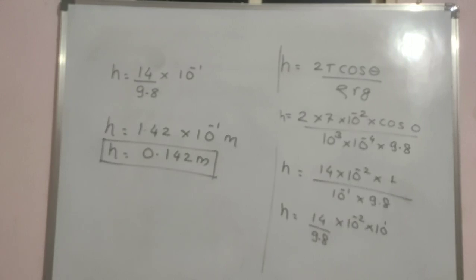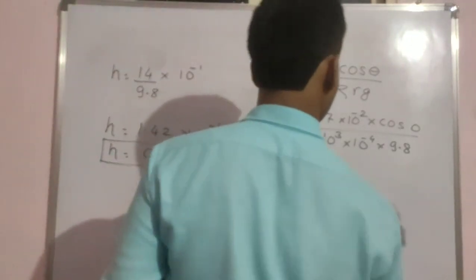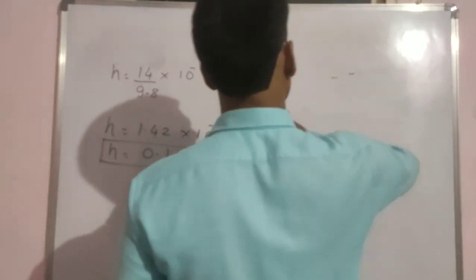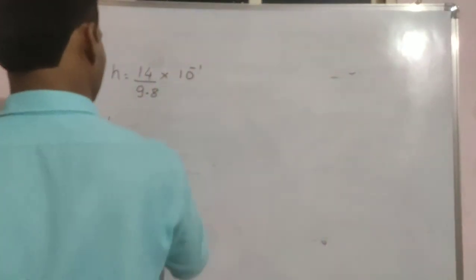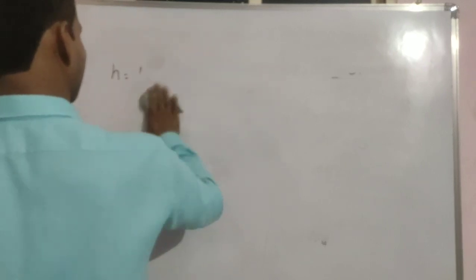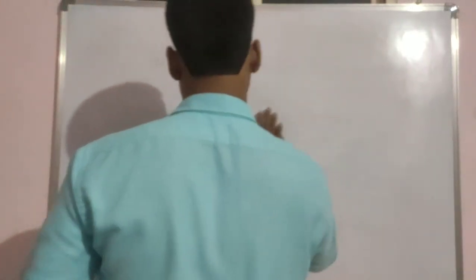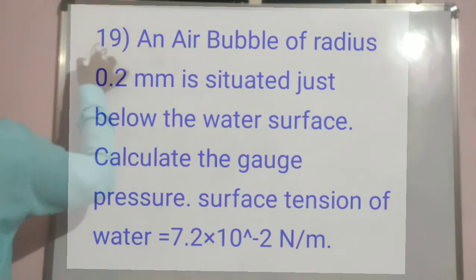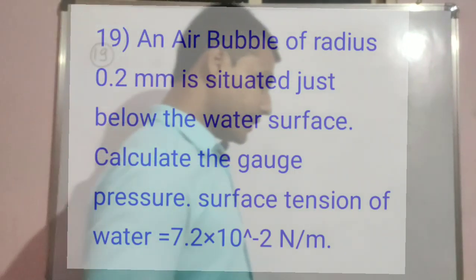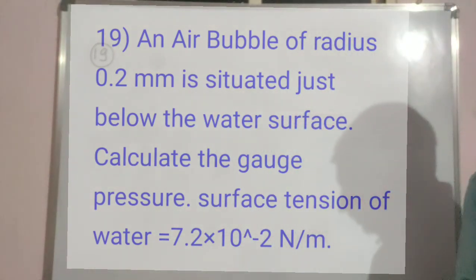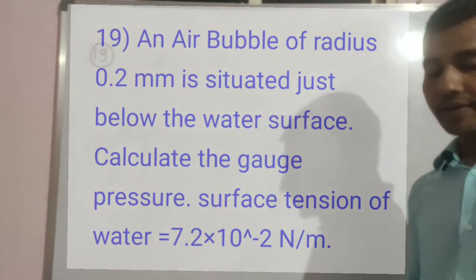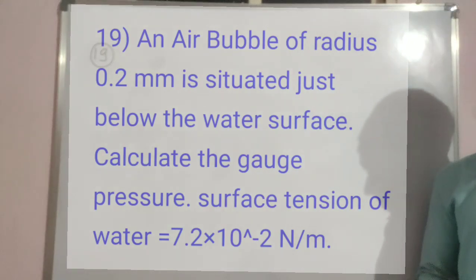The next problem is problem number 19. An air bubble of radius 0.2 mm is situated just below the water surface.